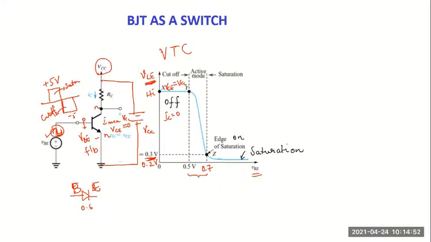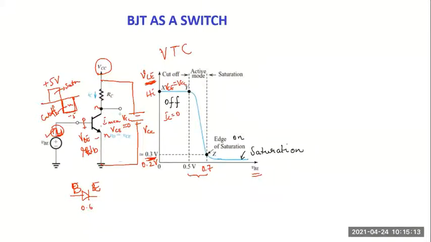But if I give a voltage here which is -5, that means I'm giving negative to P and positive to N. So this will get reverse biased during the negative half cycle. And if there is reverse bias in the base emitter junction, the transistor goes to cutoff state.